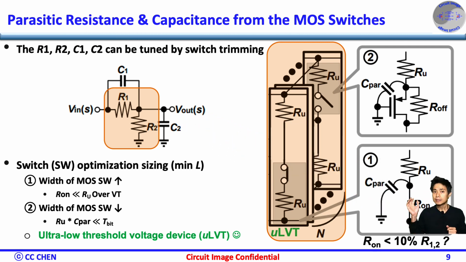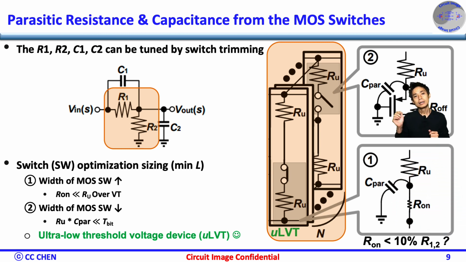We could make the resistance of the switch less than 10% of the R1 and R2, but the parasitic capacitance could be too big to achieve an accurate AC response.